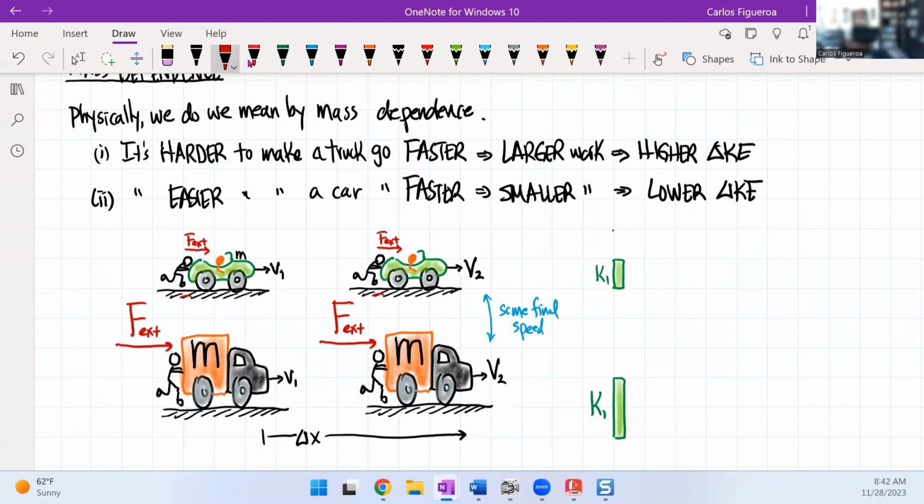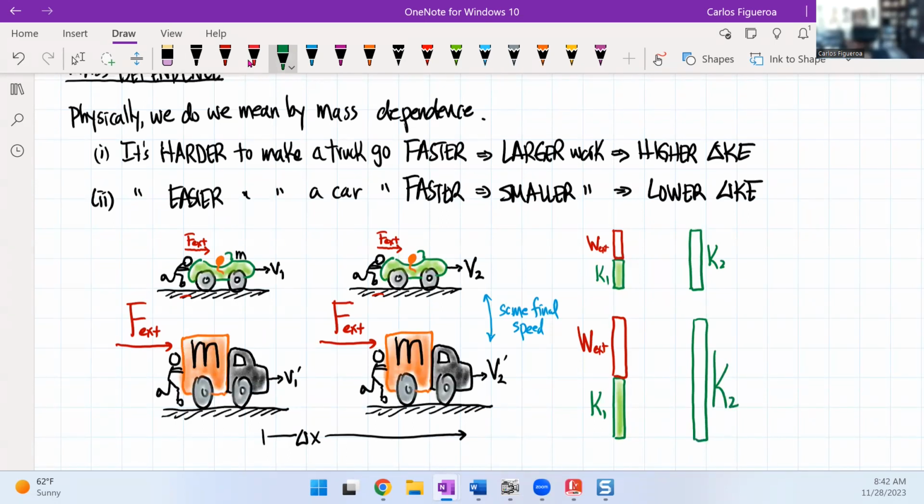So with the car, I don't have to do as much work, but with the truck, I have to do more work. So that in the end, the change in kinetic energy of the car should be smaller. Maybe I should put primes on these guys here. And then if I look at this guy, you could see that this has a higher kinetic energy.